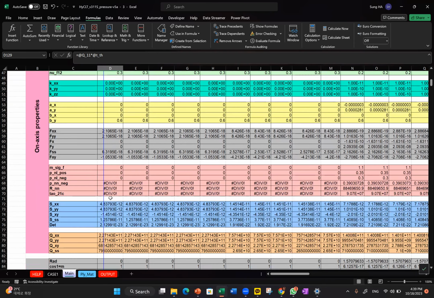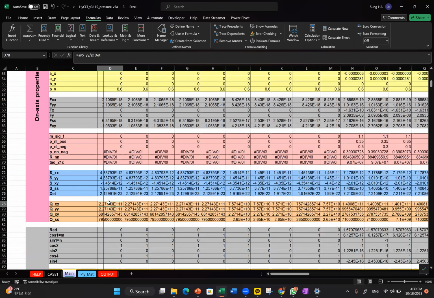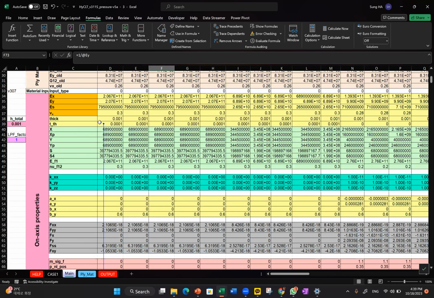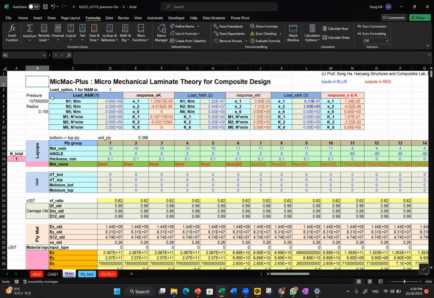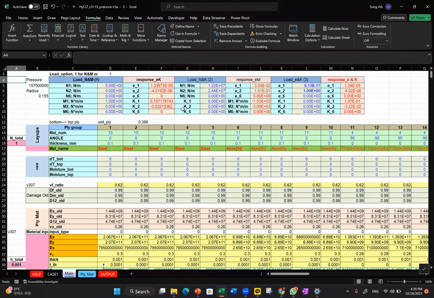Stiffness is here. Those theories in detail will be covered step by step, but as users of this tool, we just want to understand what the input and the output will be.